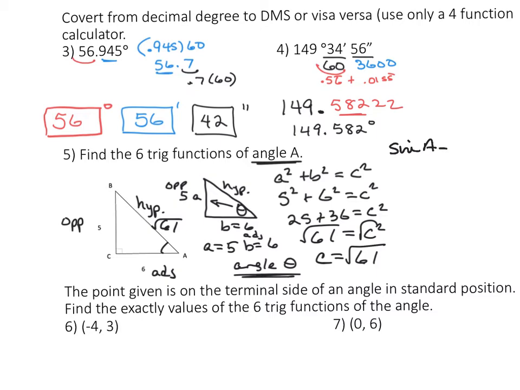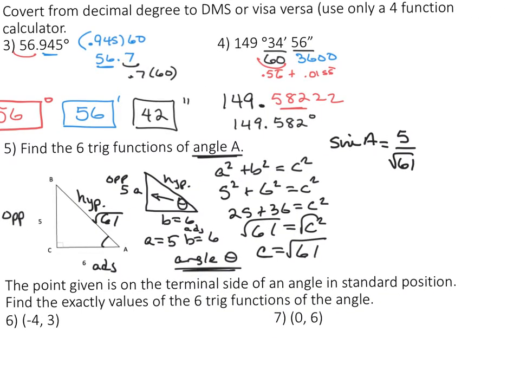And sine is opposite over hypotenuse, which is going to be 5 over the square root of 61. I need to rationalize. If you don't rationalize tomorrow, you get it wrong. So I need to multiply this by root 61. 5 square root 61 over 61. This is the sine of angle A.